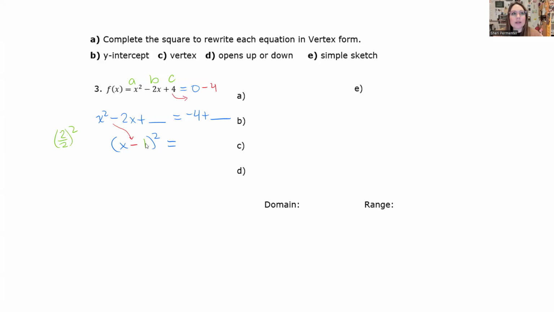What is 1 squared? 1. And then off to the side, what's -4 plus 1? -3. I'm pretty much done completing the square. I just need to get this back into vertex form. So I'm going to add 3 and set it equal to f of x. So I get f of x is equal to x minus 1 squared plus 3.